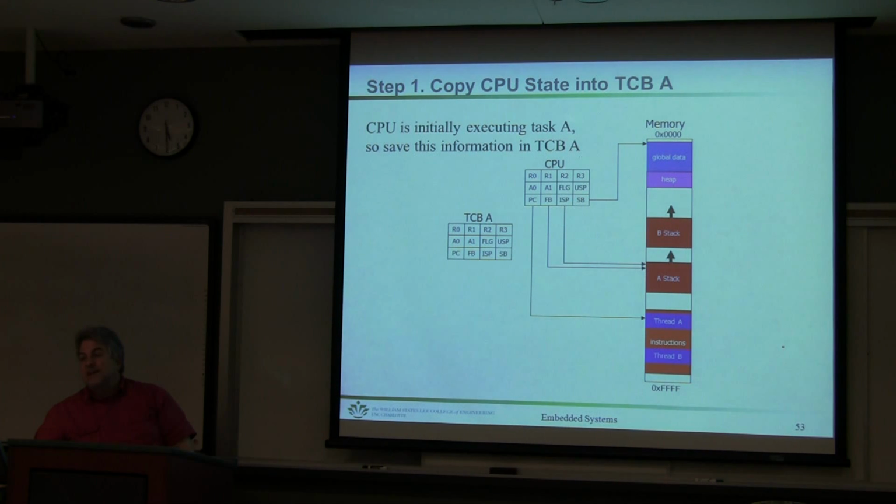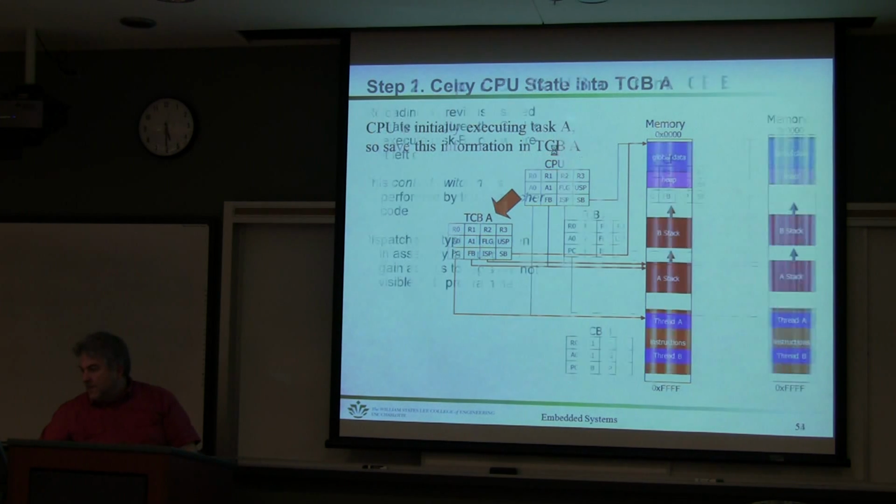So what will happen is that the CPU running task A will have to save off all the information from the CPU to some area in memory. Usually it's on the stack, sometimes it's in global memory, that will have a copy of everything that was in the CPU. All the registers that were in the CPU will be copied over to TCB-A, that part of memory.